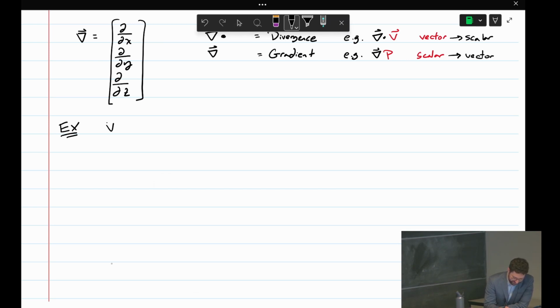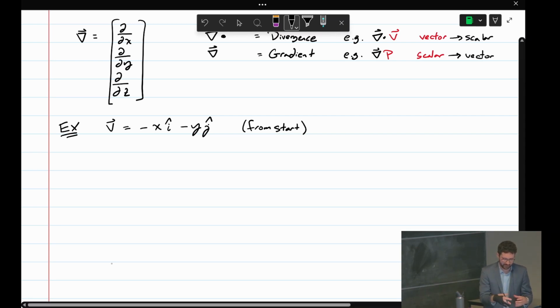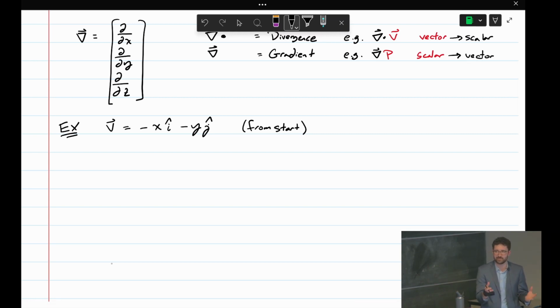So let's take the velocity vector field from the start of the lecture. That was negative x i hat minus y j hat. So this was the vector field from the start of the lecture where everything goes into a point. We said that's not really physical. Where does all that mass go if it doesn't go out of the plane?